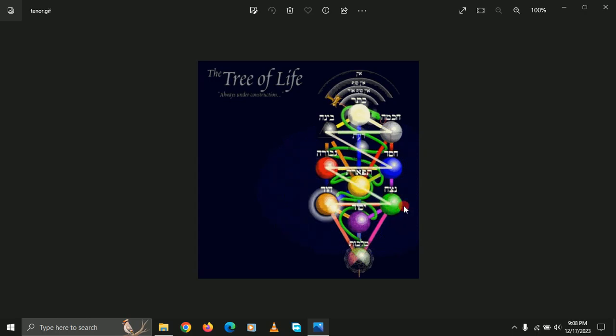Next up, we have the sphere that's green, aligning with the planet Venus. And Venus, in Hebrew, is called Netzach, Netzach.